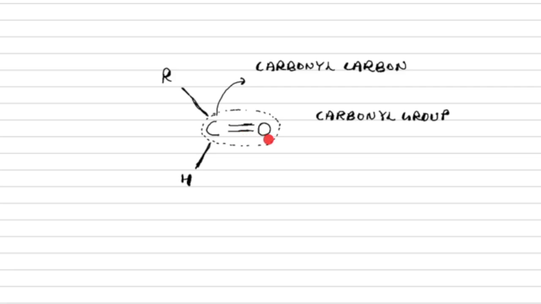And this double bond oxygen we'll call, you can guess it, carbonyl oxygen. Now we are able to identify everything about the structure of the aldehyde group. How to identify it, what are the different things.